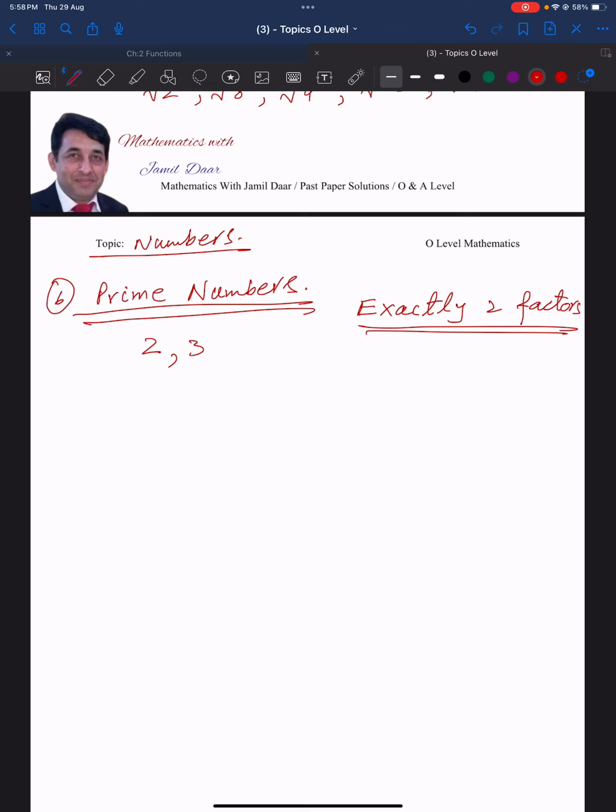So prime numbers start from 2, then 3, then 5, then 7 is not divisible by any other number except 1 and itself.